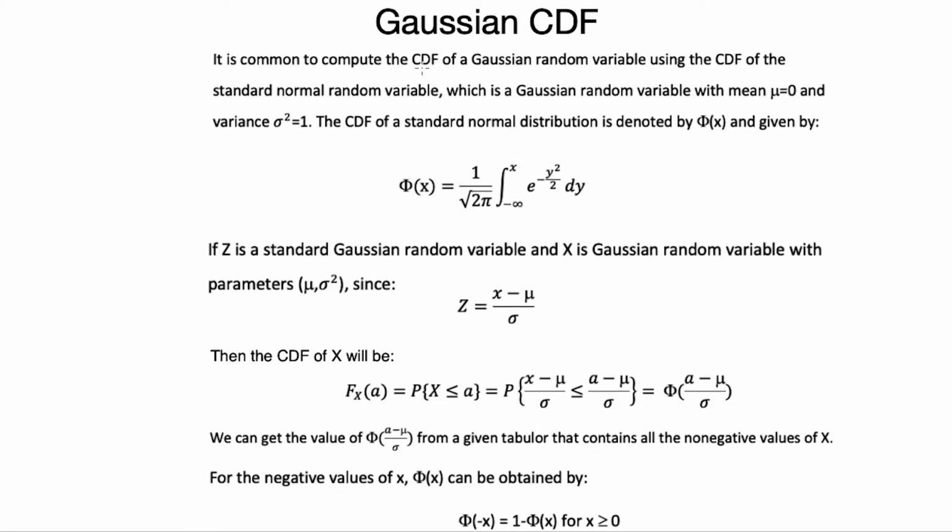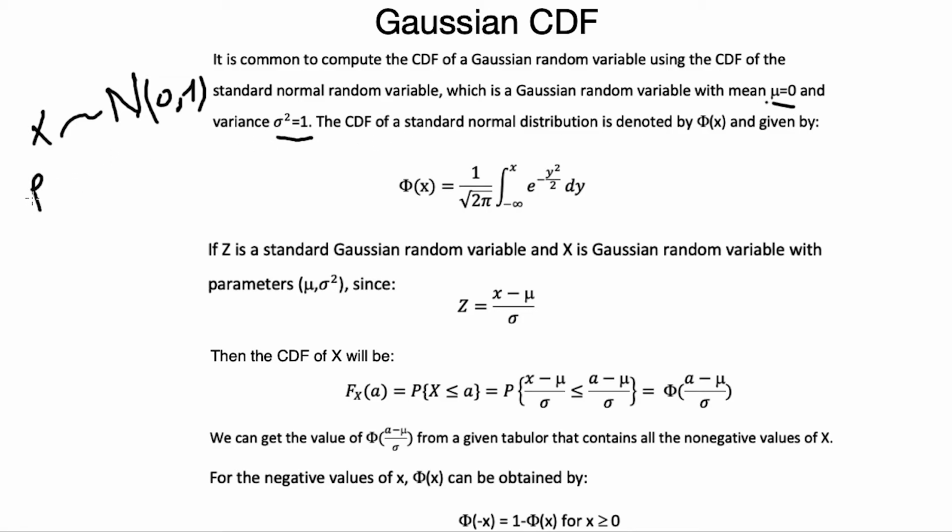But before I show you how to get the Gaussian CDF, let me define the standard normal random variable, or standard Gaussian random variable, because I will need it. We say that X is a standard normal random variable if its mu is 0 and its variance is 1, so sigma squared is 1.